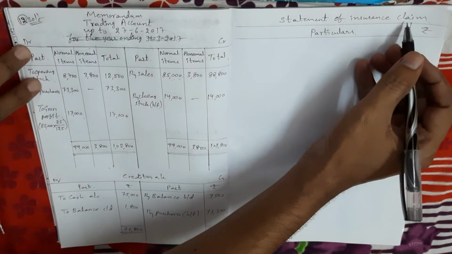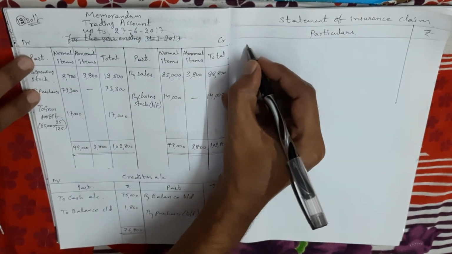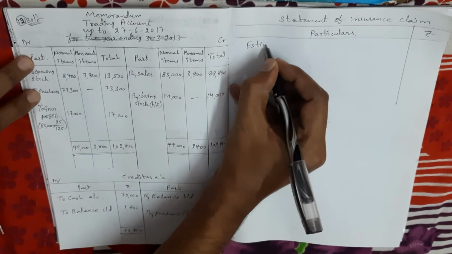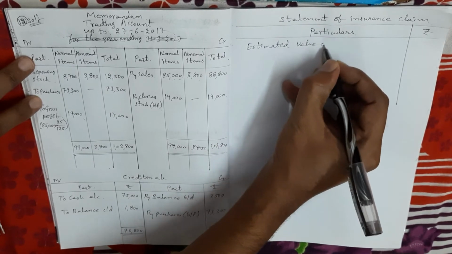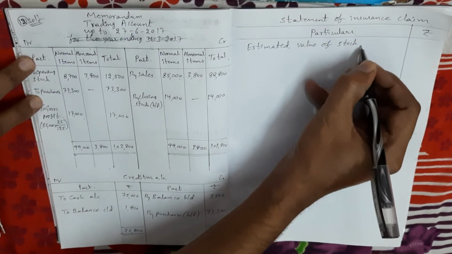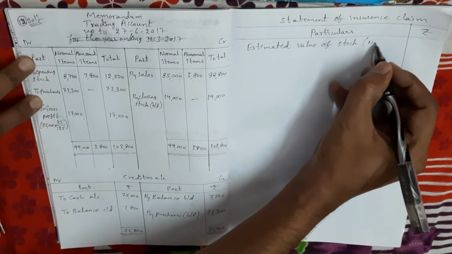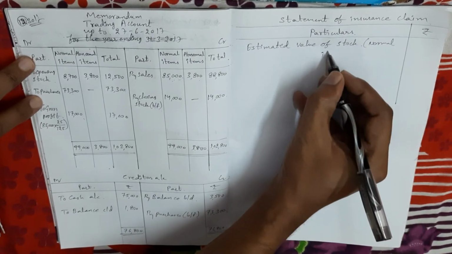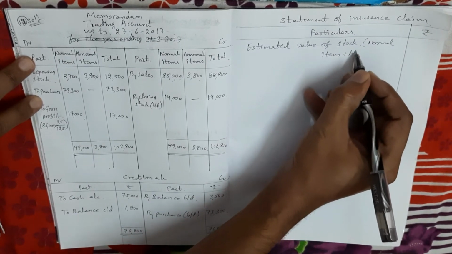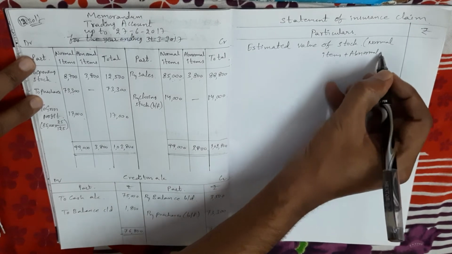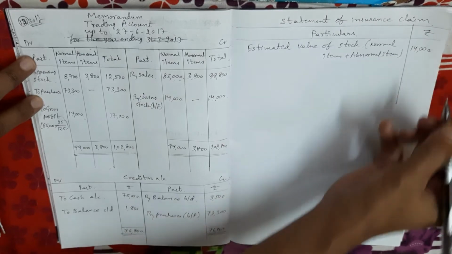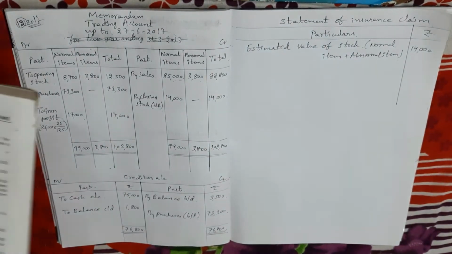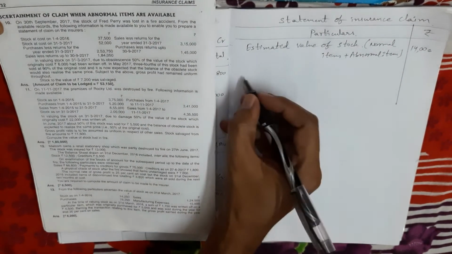The statement of insurance claim. Estimated value of stock of normal items plus abnormal items is 14,000 only. My dears, in the question salvage stock is given, 7,000.